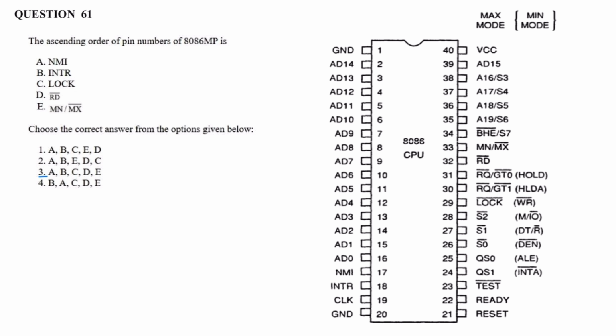Question number 61. The ascending order of pin numbers of 8086 microprocessor.